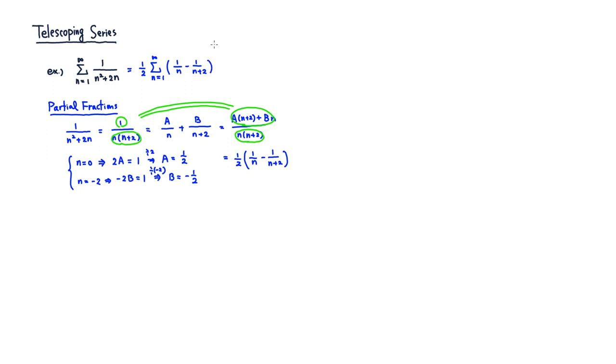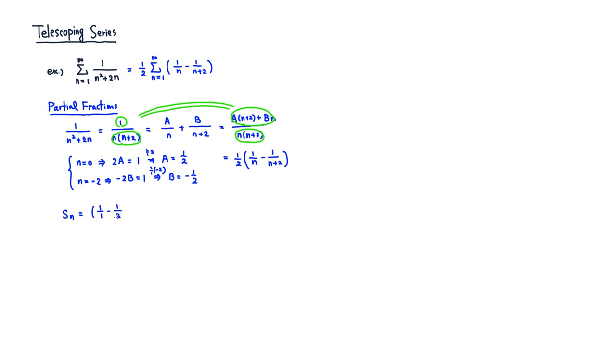All right. Then what we want to do is, again, look for the partial sum. So let's find the Sn. I'm going to write down the first few terms and the last few terms. I can multiply by 1/2 later, so I'm going to ignore 1/2 for now. The first term is n equals 1, so it's 1 over 1 minus 1 over 3.